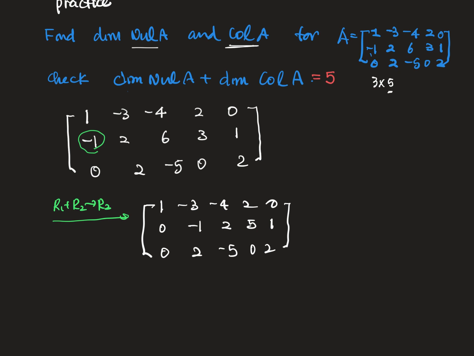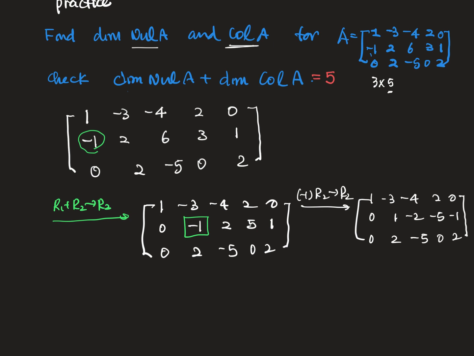So now you find the pivot. What is another one? Here is a pivot. That's right. You multiply by negative 1, there is not one way to do it, guys. Negative 1 times R2 goes to R2. So you have 1, -3, -4, 2, 0, 0, 1, -2, -5, -1, 0, 2, -5, 0, 2.